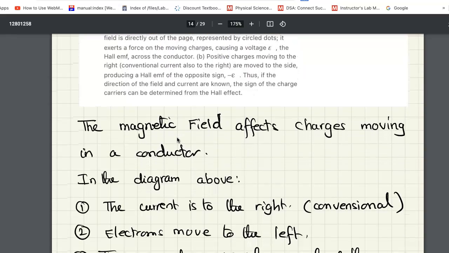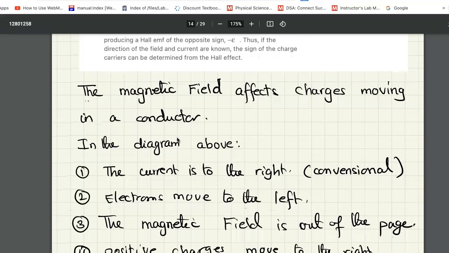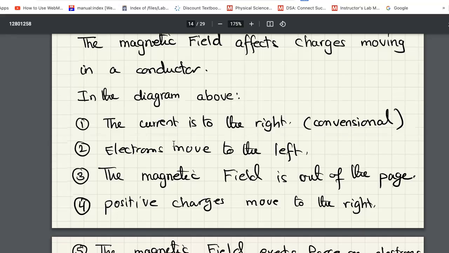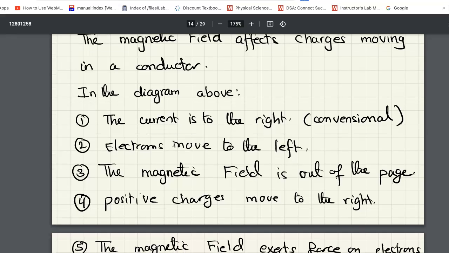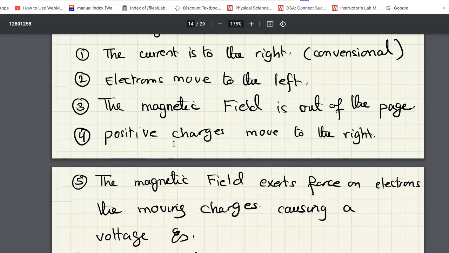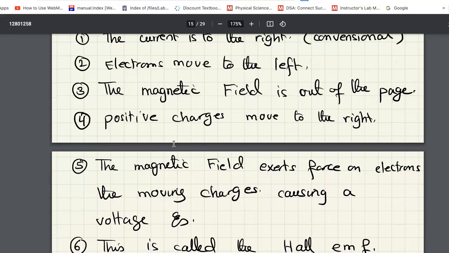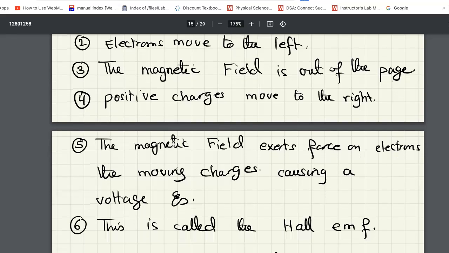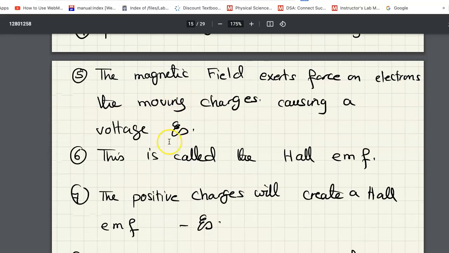The current shown is the conventional current, which is the direction of the positive charges. But the actual movement of the electrons is to the left, and the magnetic field is out of the page. And the positive charges move to the right, and the magnetic field exerts a force on the electrons, causing a voltage E.